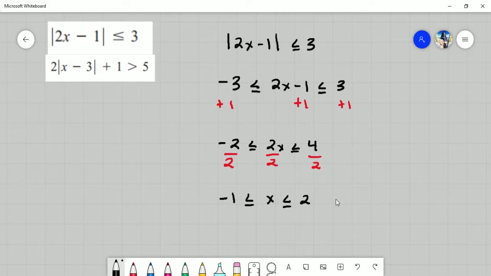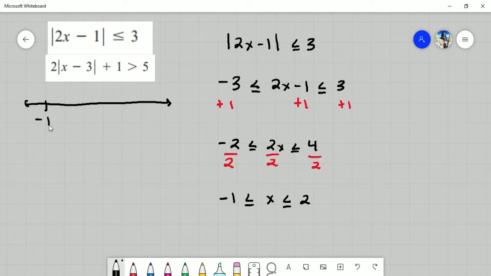I am going to draw a number line. Those two numbers at the ends, you can consider as your boundaries or endpoints.